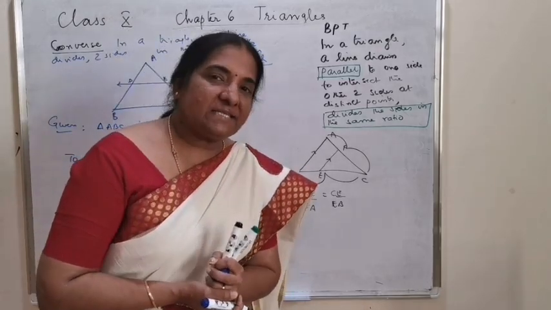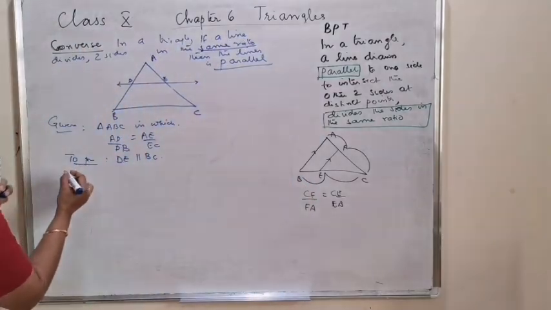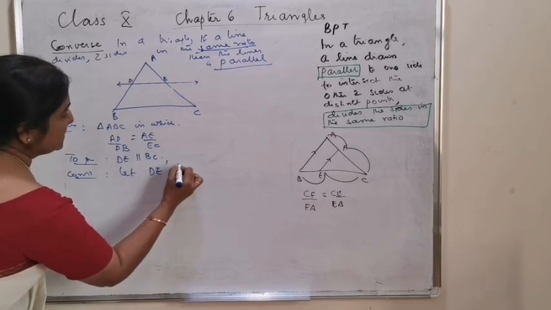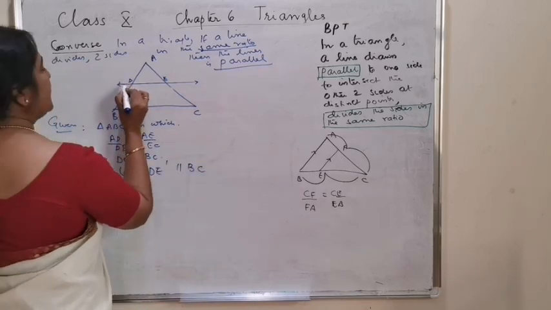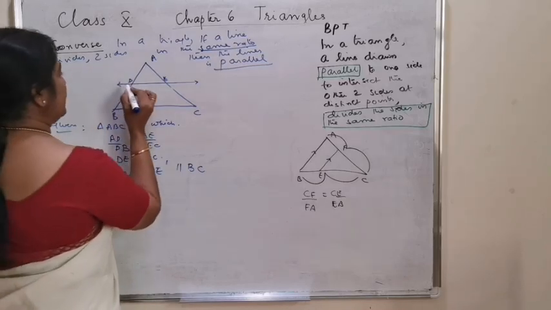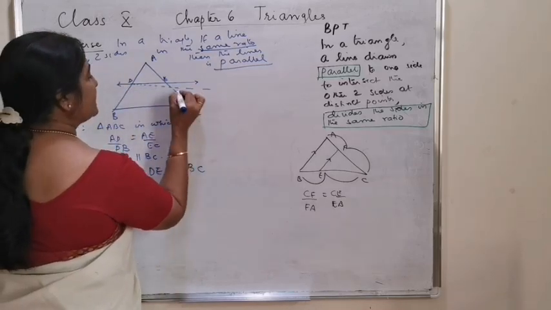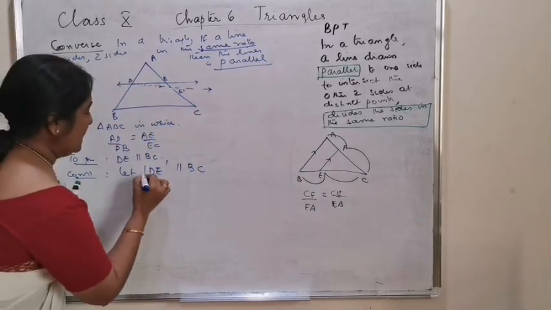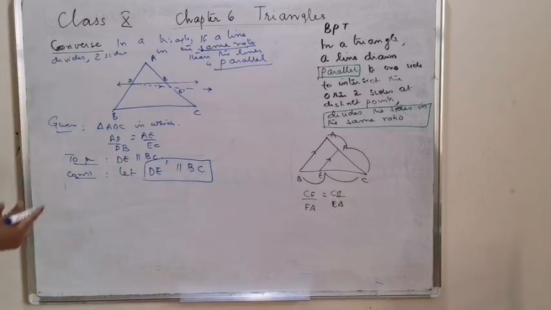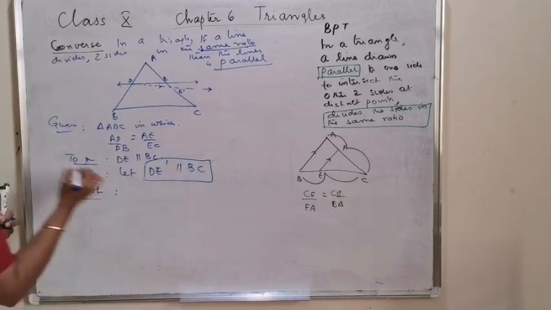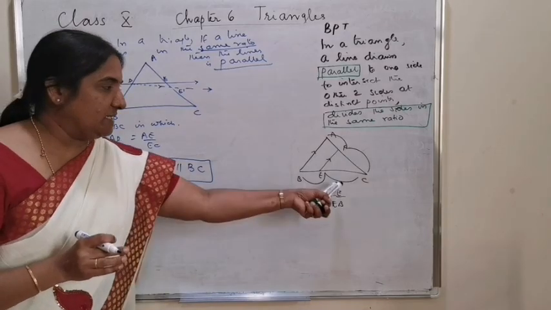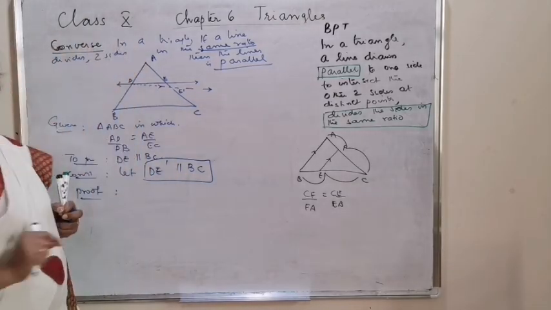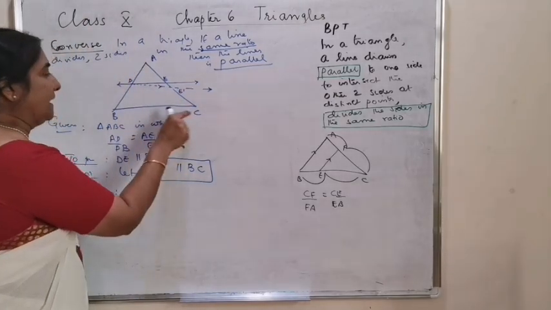So let us take the construction as: let DE dash be parallel to BC. That means if DE is not parallel, let us suppose that DE dash is the line parallel to BC. How does the proof start? It starts with the basic proportionality theorem, because there is triangle ABC and a line DE dash parallel to BC.